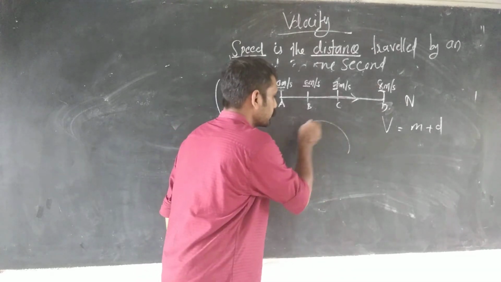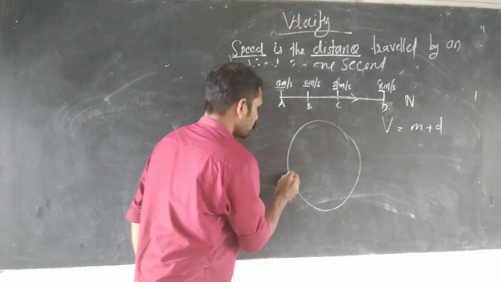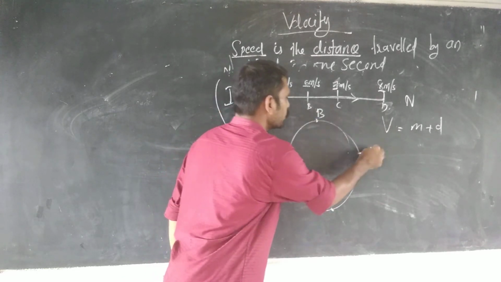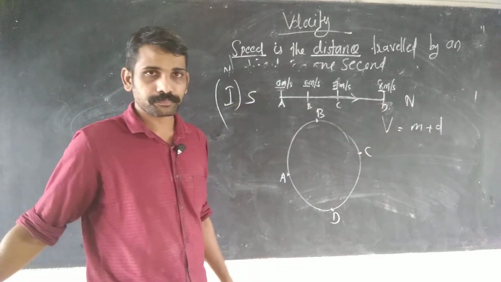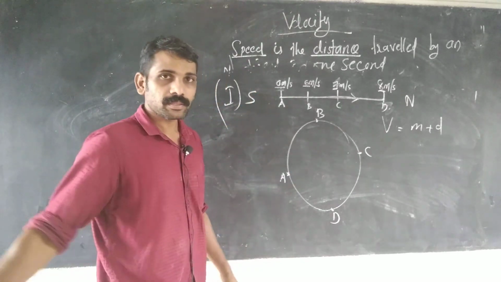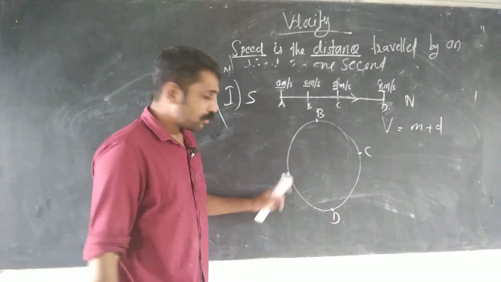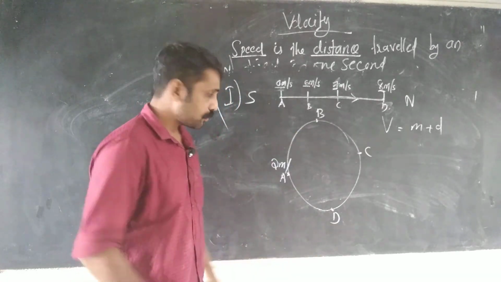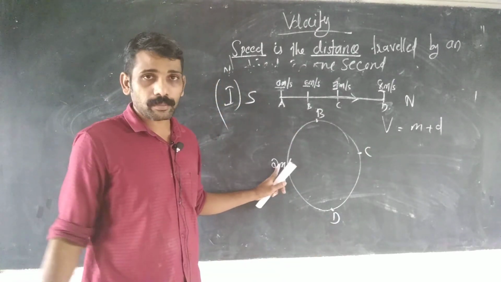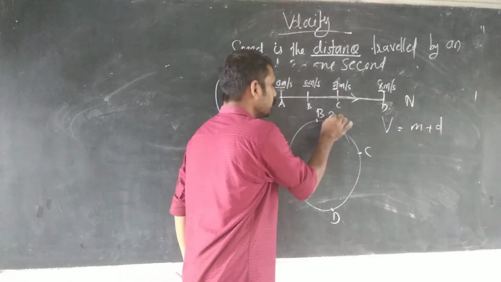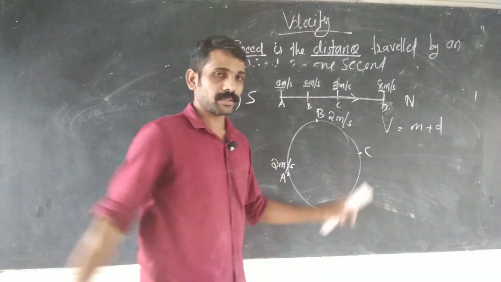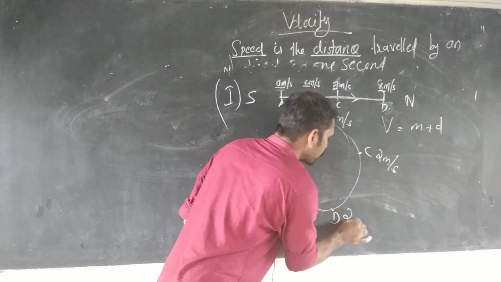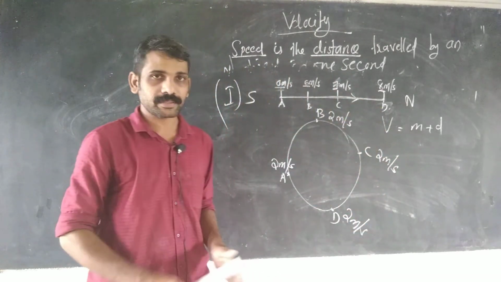Next case. Suppose points A, B, C, D. Here the object is moving in a circle. The object's speed at A was 2 meter per second. At B it is 2 meter per second, at C 2 meter per second, and at D 2 meter per second.